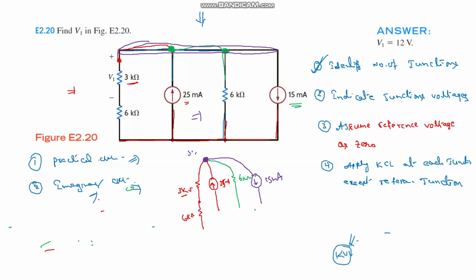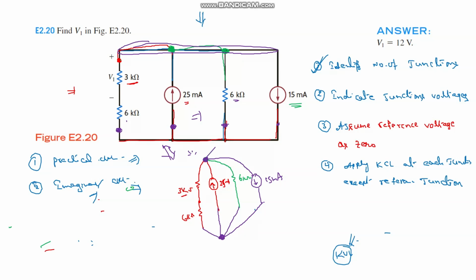Similarly, in the down portion, the second terminal of the 3 kilo ohm, the second terminal of the 25 milliamps, the second terminal of the 6 kilo ohm, and the second terminal of the 15 milliamps are all connected together at a point. These two circuits are similar. Don't think those two circuits are different. Both circuits are the same only.